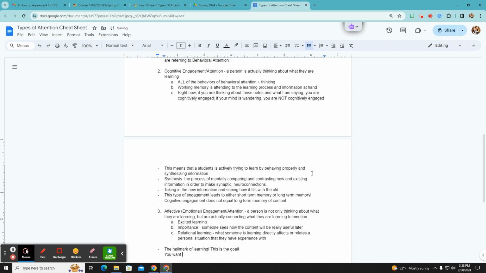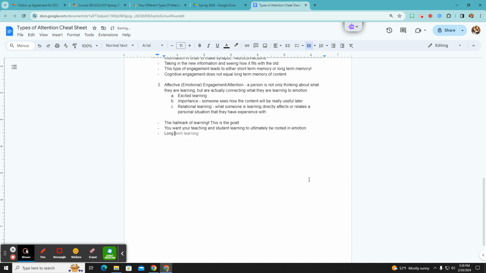You want your teaching and student learning to ultimately be rooted in emotion. Why is this? Well, we learned earlier, long-term memory relies on a feeling of meaningfulness.